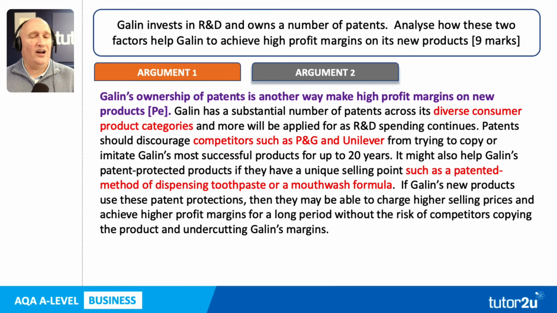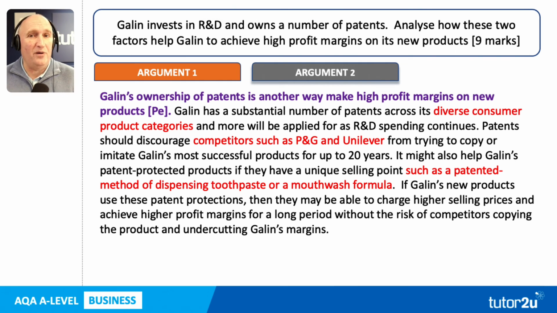So again, just highlighting in red, try to add in a little bit of application. I think normally we try to add in at least 2 pieces of application into each point, just to help the examiner see that we are applying our analysis in the context, in this case, of Galen. So I've just done some competitors, such as P&G and Unilever, and a patented method of dispensing toothpaste or mouthwash.